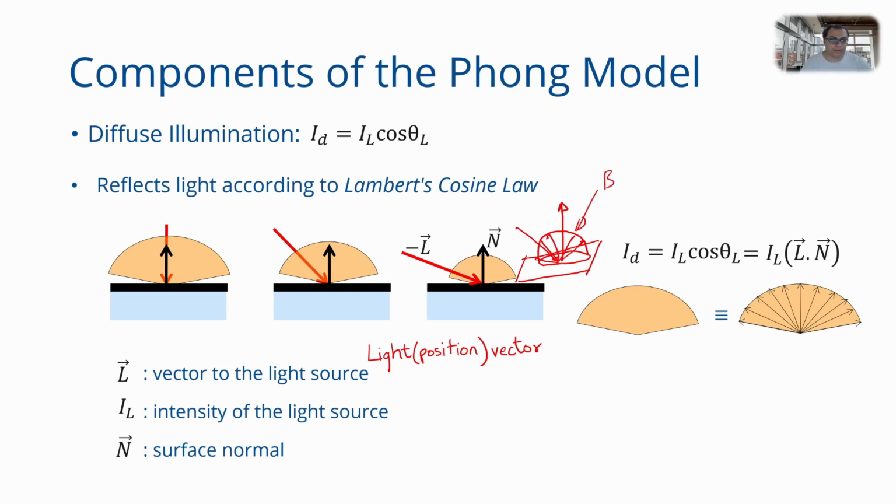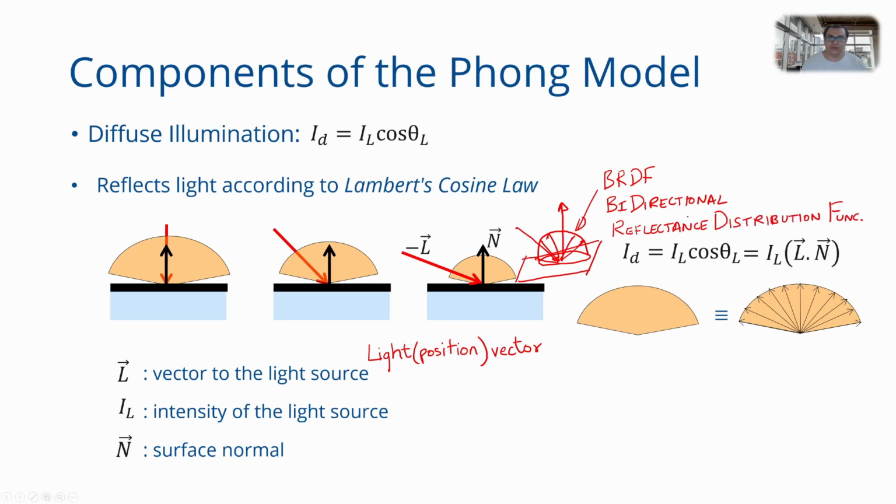It is called the BRDF, which is short form for bidirectional reflectance distribution function.